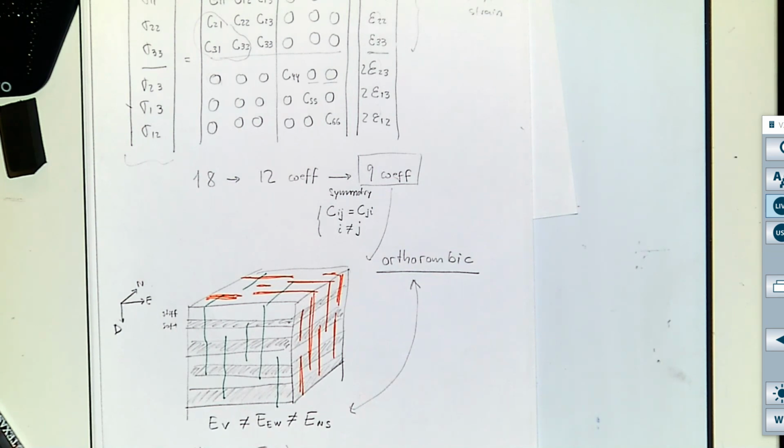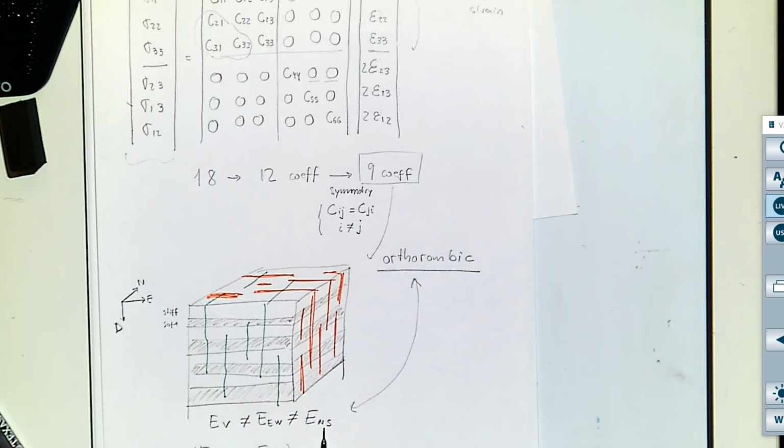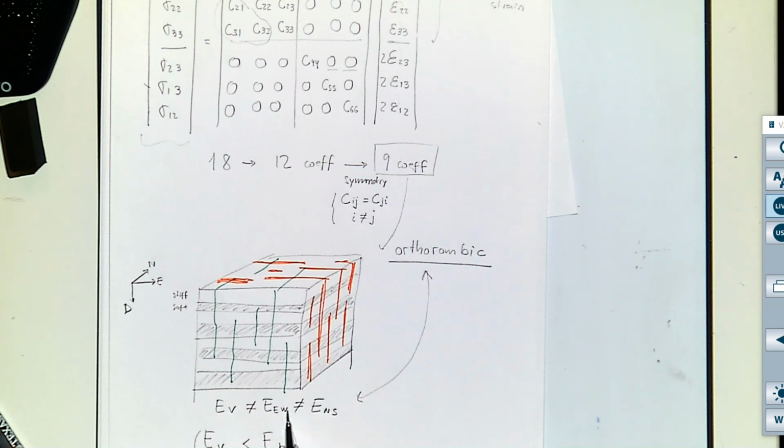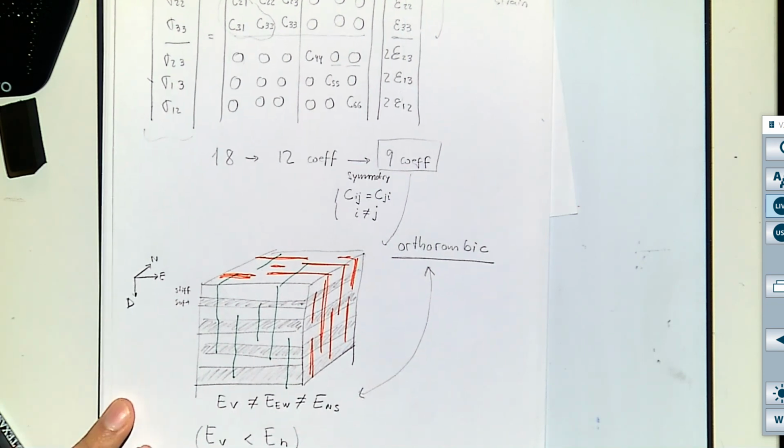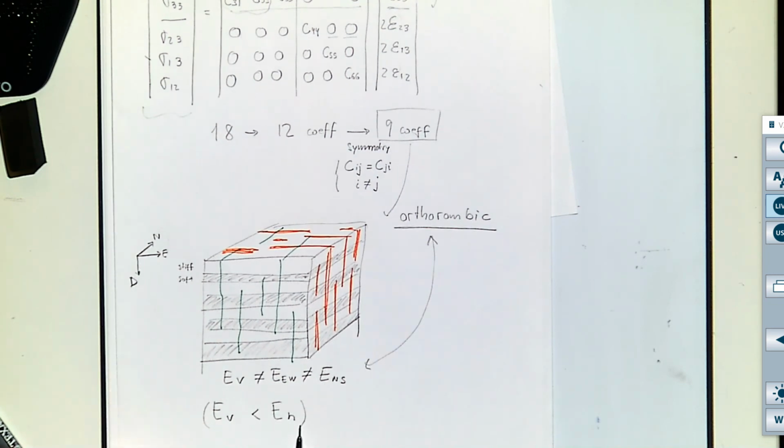V stands for vertical, yes. And remember, this axis is north-east depth. The lowercase n means north-south, this means east-west, and this means vertical. And the one underneath, that was the vertical. This stands for horizontal.